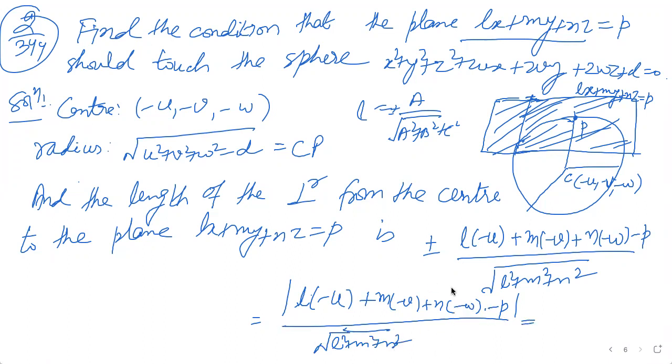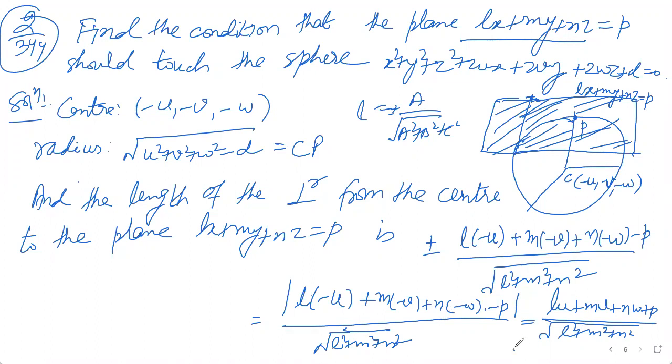A minus sign you can take outside and write in positive terms, so it will become Lu plus Mv plus Nw plus p upon root of L square plus M square plus N square. Okay, so this was the formula you had for the length. You could write it directly: the length of the perpendicular, we just put the coordinates, Lu plus Mv plus Nw plus p upon root L square plus M square plus N square.